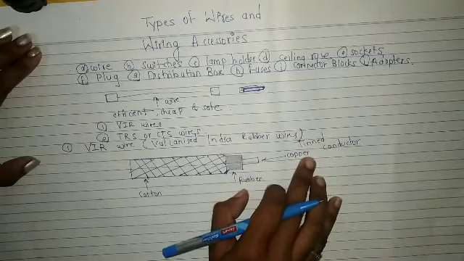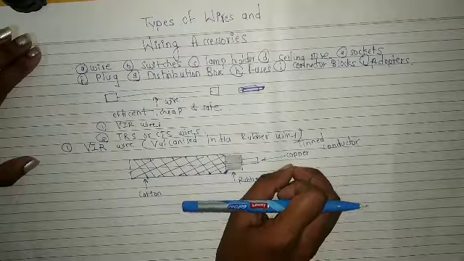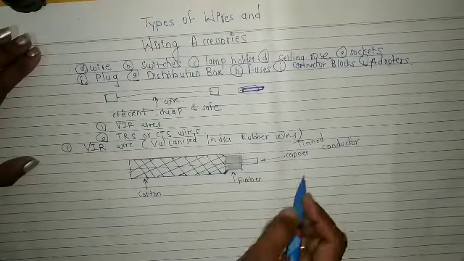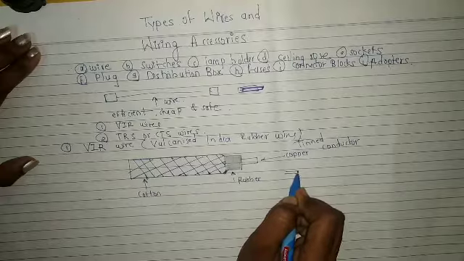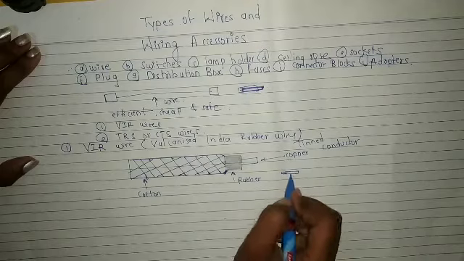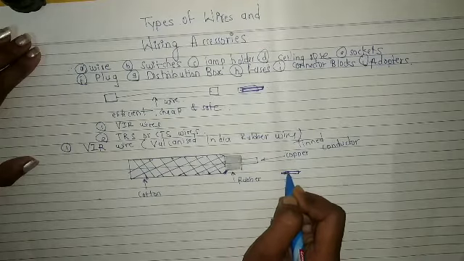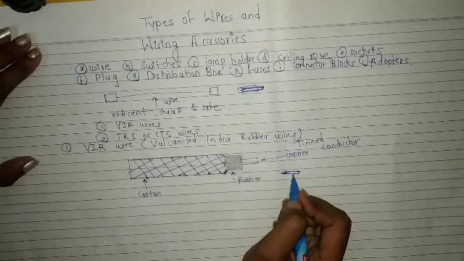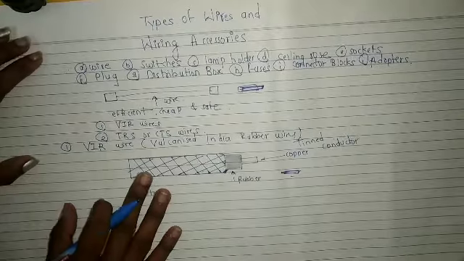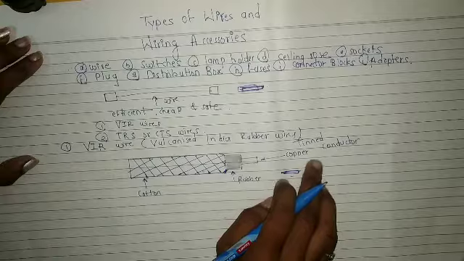Tinned copper conductor means copper wire, consider this is our copper wire, coated with a thin layer of tin to protect the copper from corrosion. Okay, so this is called a tinned copper wire.